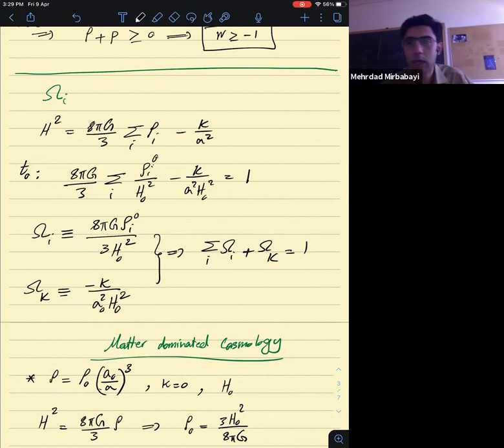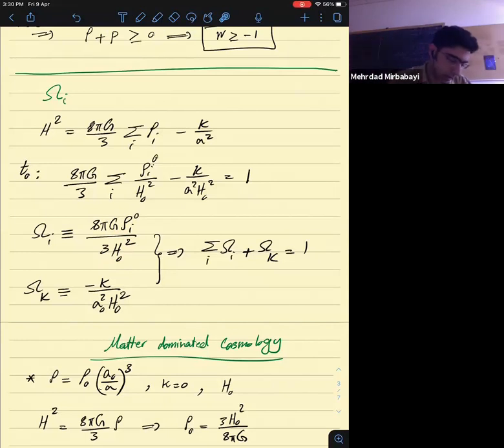So this is just a matter of definition. It's common to specify the matter content of the universe in terms of these omegas. So if I tell you what is H naught, H today, and what is omega of the different components of matter, I have specified the ratios of the different components.